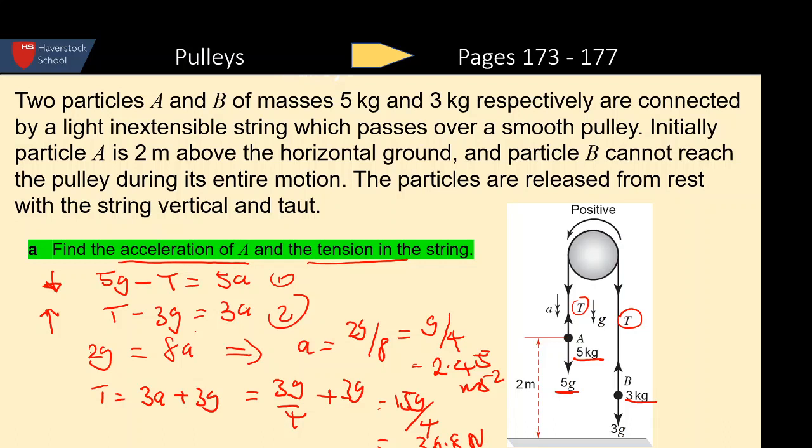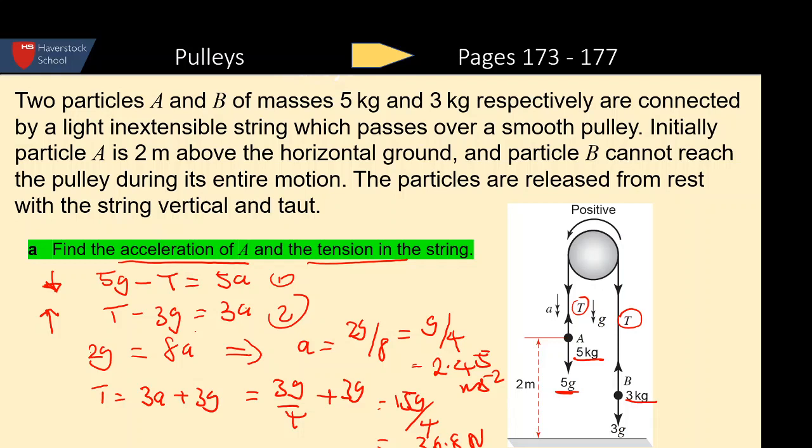A pair of simultaneous equations. Adding them, get rid of T. That makes 2g equals 8a. a equals g over 4 or 2.45. Substitute the value of a into equation 2, and you have your tension as 36.8 newtons. Very, very simple there. Pause the video, copy this example in your exercise book, please.